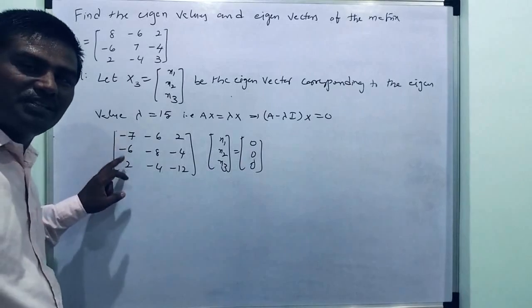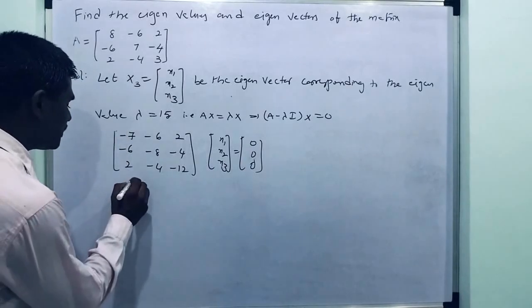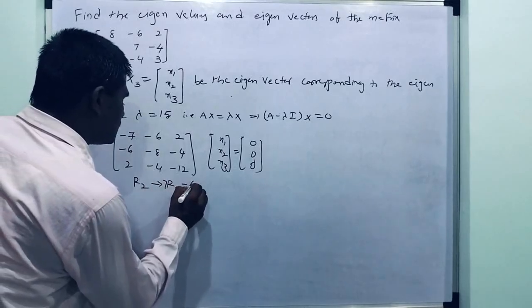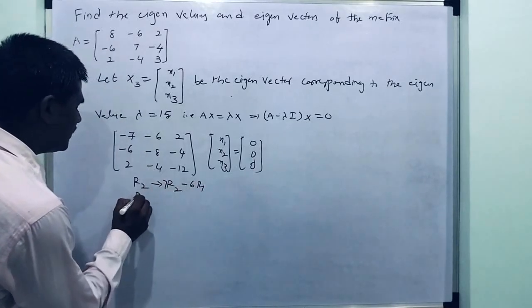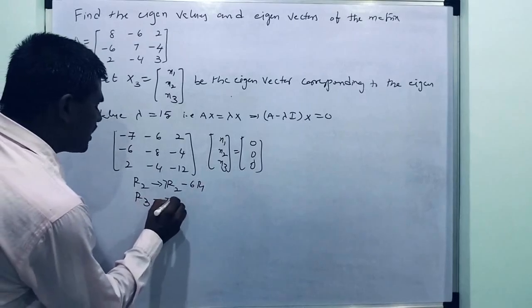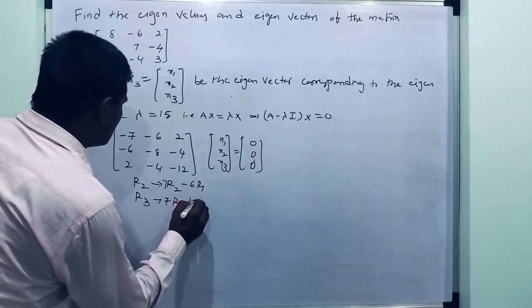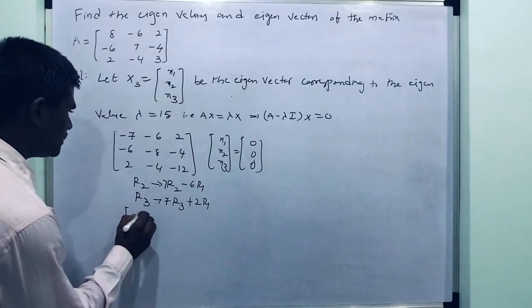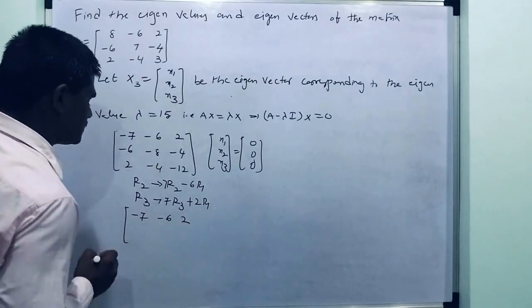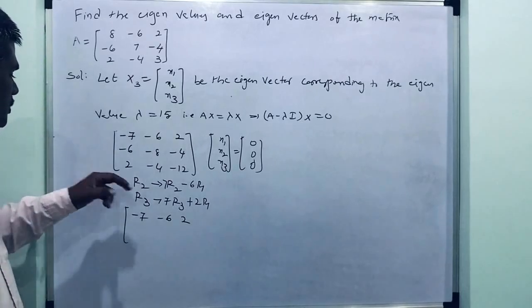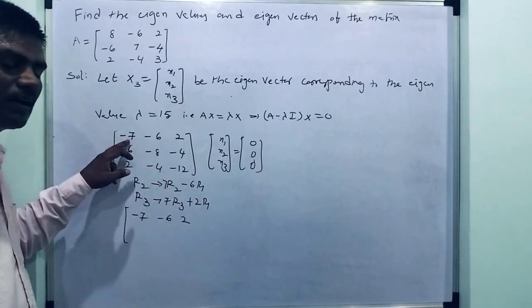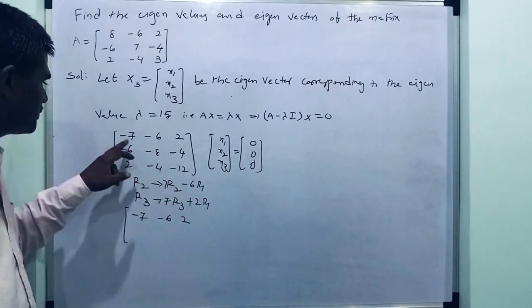Use this element to make these two elements as 0. That means R2 tends to 7R2 minus 6R1 and R3 tends to 7R3 plus 2R1. Then this becomes no change in the first row, minus 6, minus 7, minus 6, 2. So 7 6s are minus 42, 6 7s are plus 42. Minus 2, minus becomes plus.